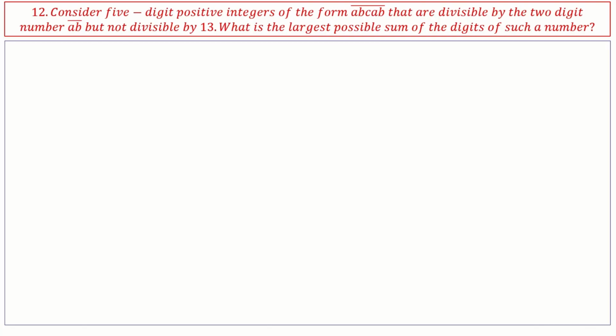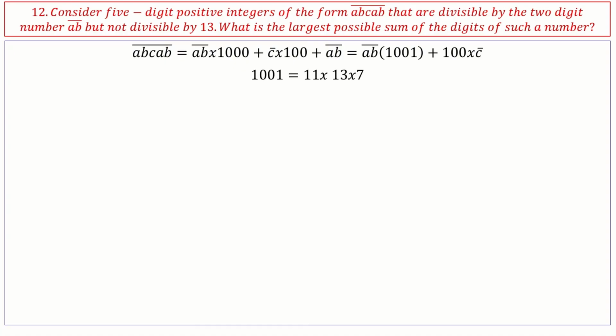ABCAB, I can write it as AB times 1000, because they are after the 1000 units, plus C times 100, plus AB times 1, basically that is AB. So I can summarize this as AB times 1001 plus 100 times C. And 1001 I can actually factor, where 13 is one of the factors.